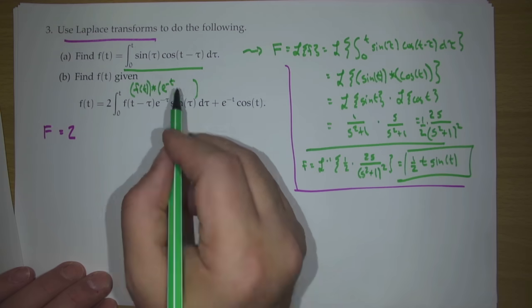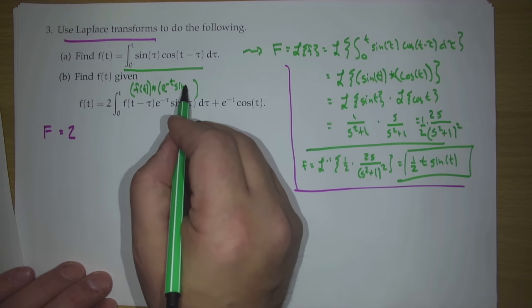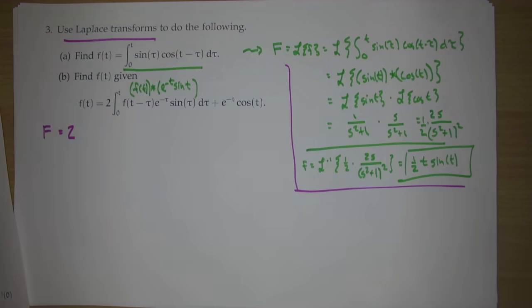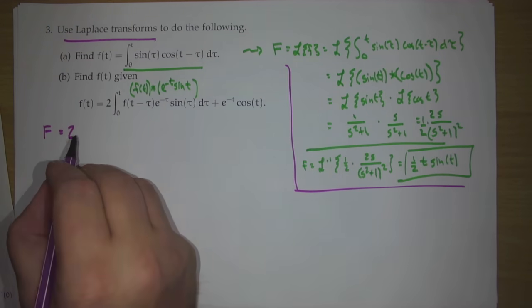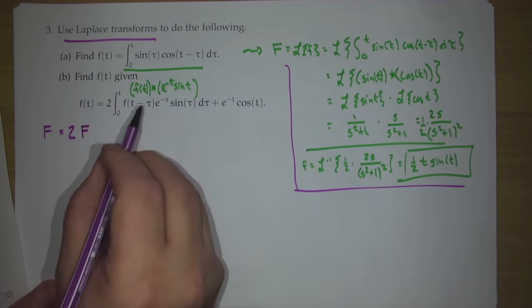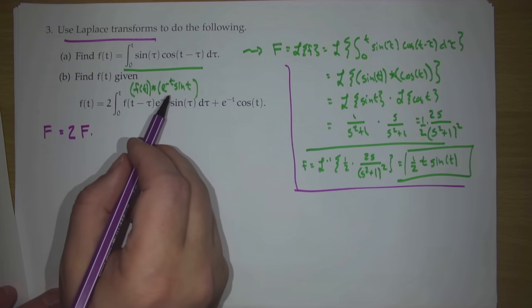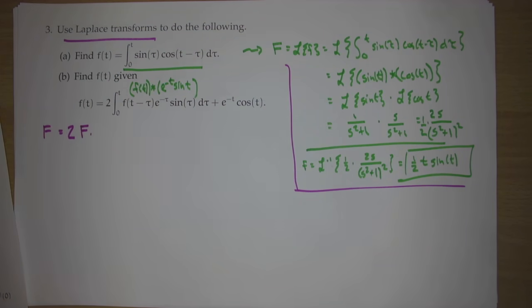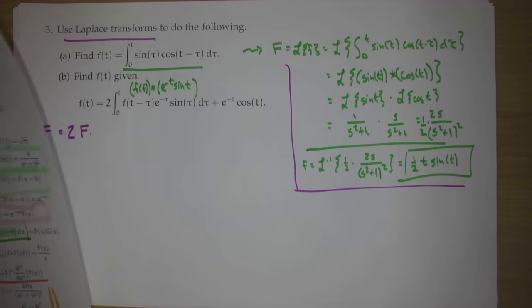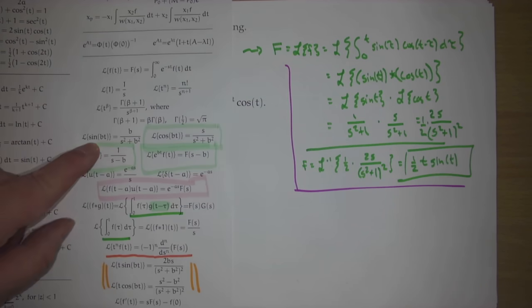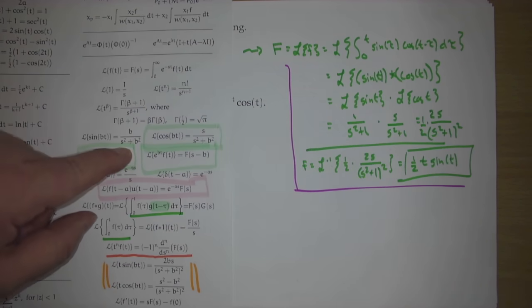e to the negative t sine t. Yes? All right. So the Laplace transform says you put an f, and then you ask, what's the Laplace transform of e to the minus t sine t? Well, we know how to do sine t. That's 1 over s squared plus 1.